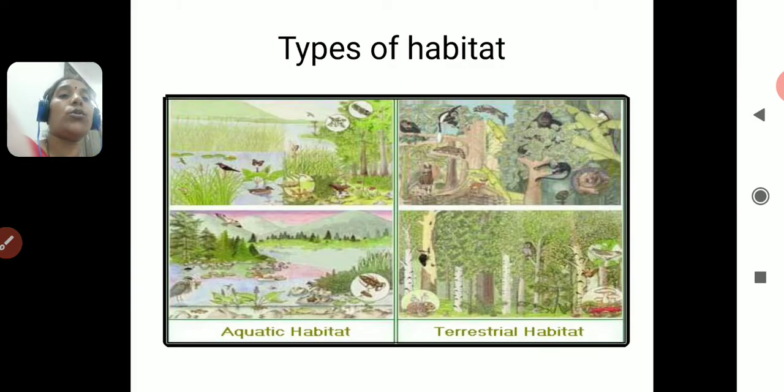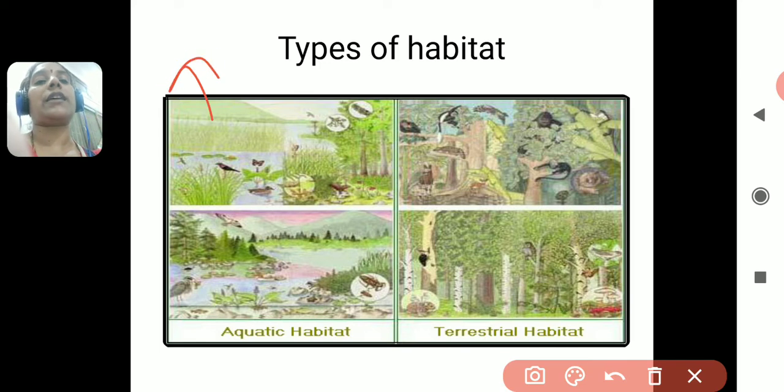Now let's learn about the different types of habitat: aquatic habitat and terrestrial habitat. As I told you, ponds, lakes, streams, seas and oceans are aquatic habitats. Ponds are a freshwater habitat, and sea and ocean, students, are a salty water habitat. So how many types of habitats are there in aquatic?